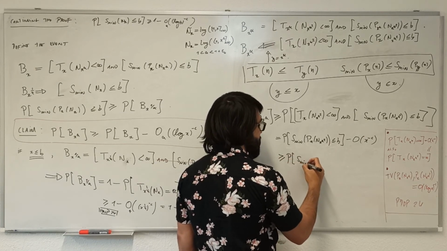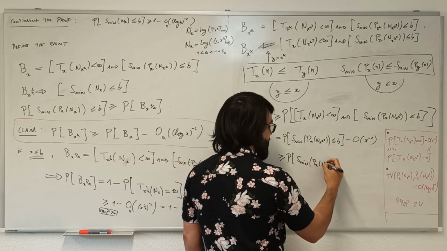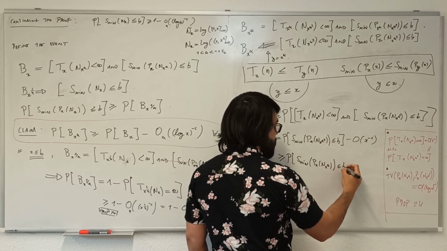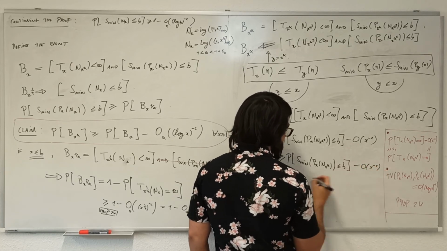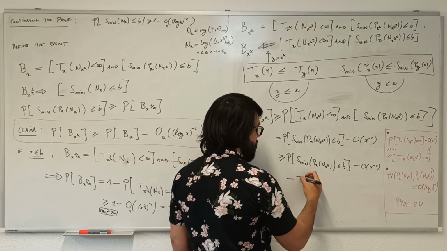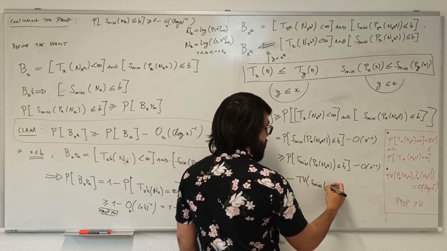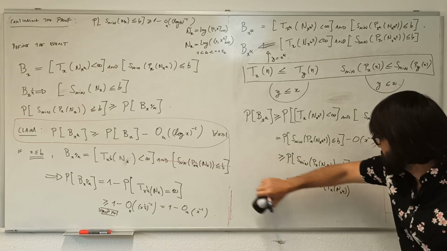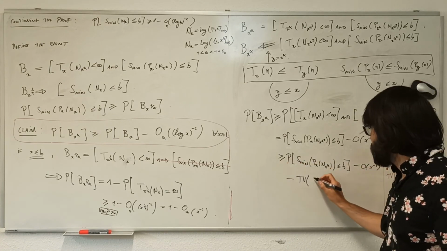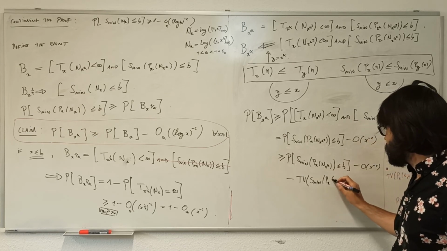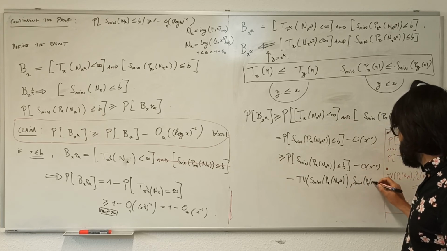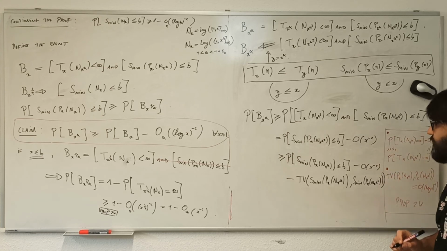So I replace this thing by x to the alpha, reducing an alpha here and moving the square: less or equal than b minus O of x to the minus c minus the total variation of S min of px in x to the alpha and S min of px in x to alpha squared. Okay.